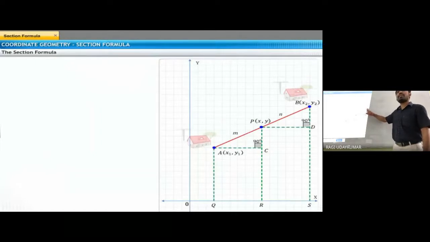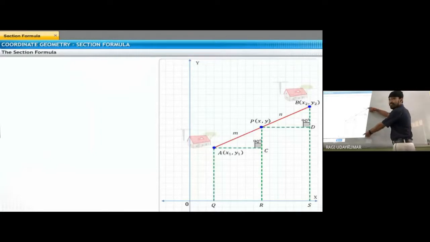What is the coordinate? X2, Y2, isn't it? How much is BS? BS, I am asking. Y2, very good. BS is Y2. Here B to S is Y2.